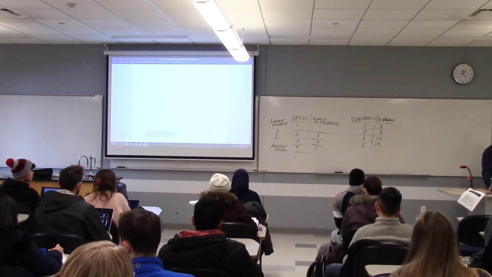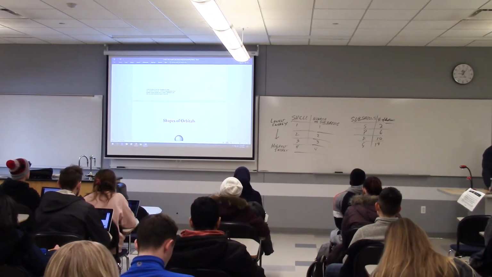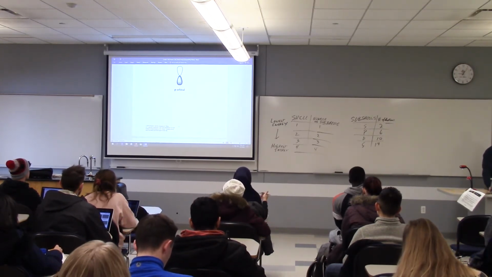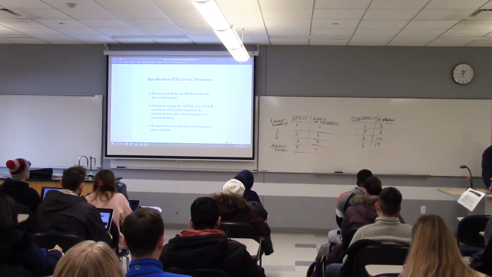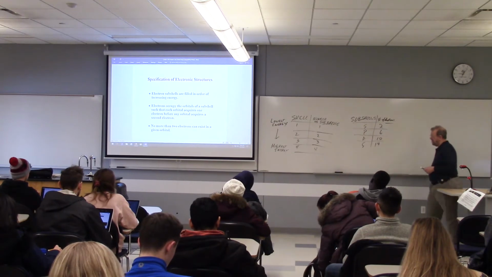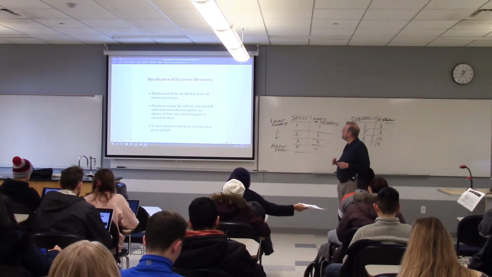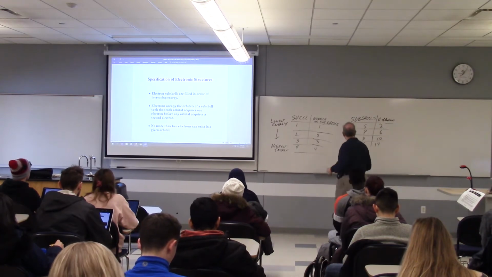Now, I've been reviewing something. Orbital, I'm not going to cover again because I'm not going to have it on the test or the final. And the important thing from this slide you should remember is electron subshells are filled in order of increasing energy.